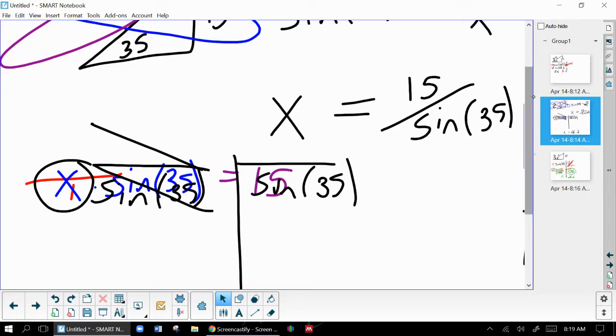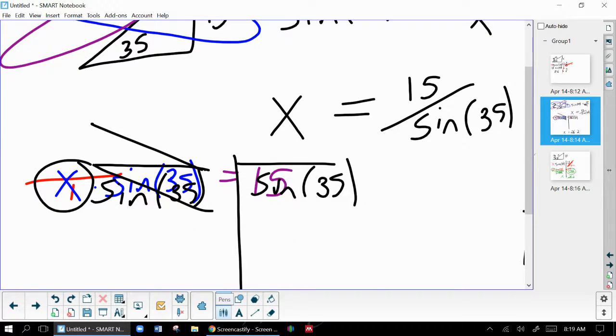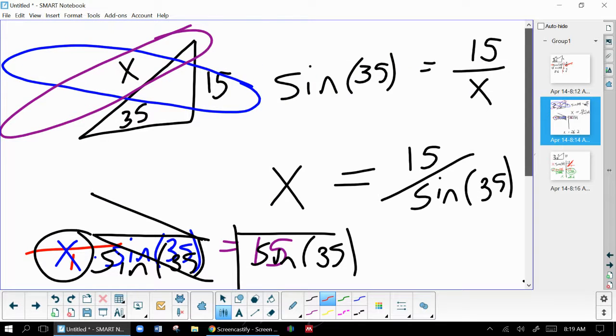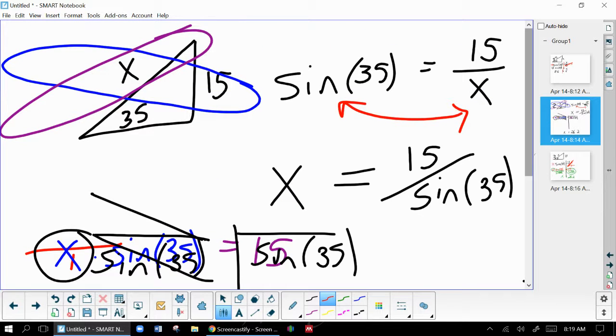What you'll notice between these two equations is that all that happened when we were solving these equations was we ended up just switching the places of the x and the sine 35.